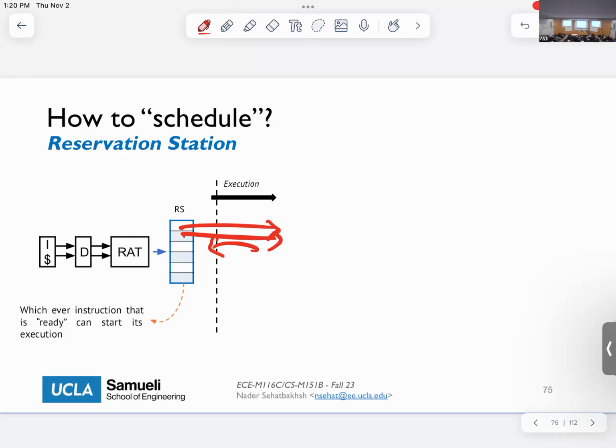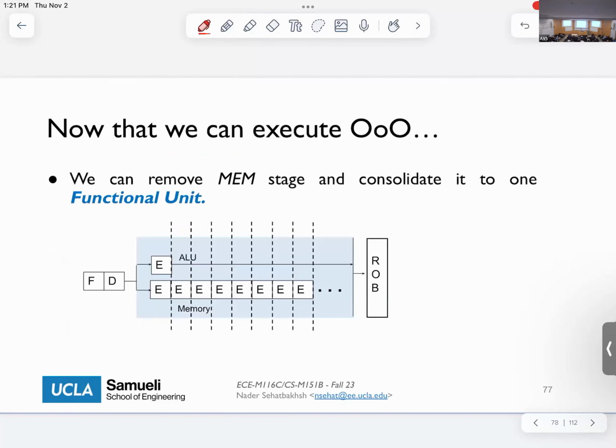The execution, using some mechanism I'm going to explain, goes through the available options and picks the 2 or 4, or however many we can issue, puts them into execution, and then we continue. Okay. So this is the trick that we're going to use in the reservation station. For example, the execution stage sees that these 2 green ones are ready. Then we're going to execute them, remove them from the reservation station, and go back to the next one and the next one.